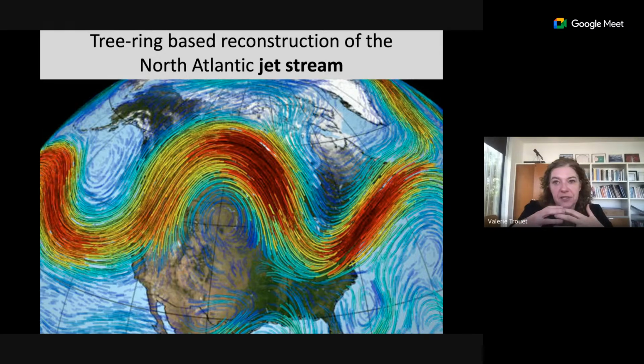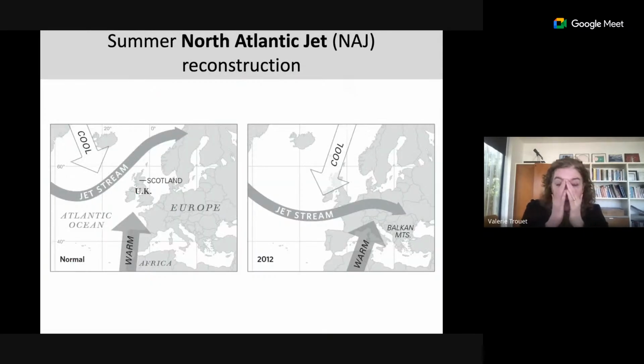So we decided to use tree rings to see if we can reconstruct these winds that happen high above the Earth's surface, and so what we can learn from the past. We did the study over Europe.